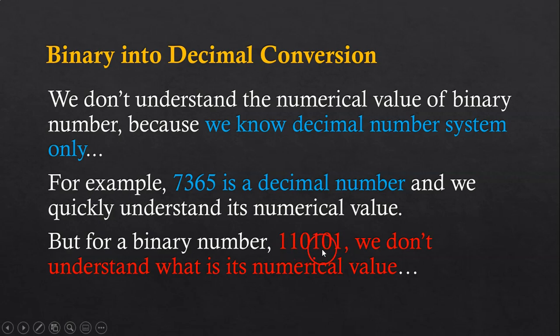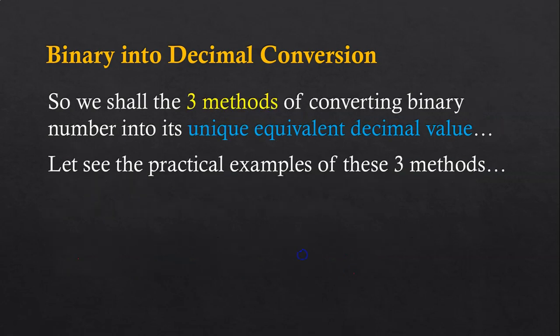It is not like that. What we have to do is read the number such that every digit, every bit of the binary number is pronounced singly. So the number is read like this, 110101. But the problem is still there. We don't know the numerical value of this number. So for that, we shall see three different methods of converting a binary number into its unique equivalent decimal value.